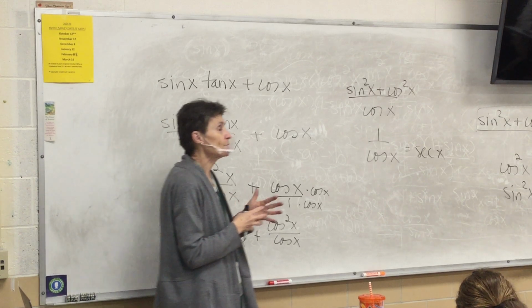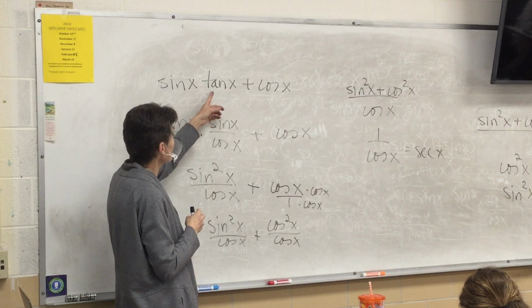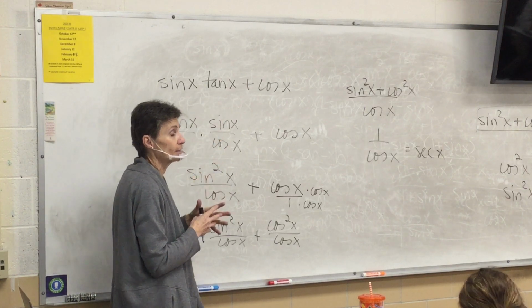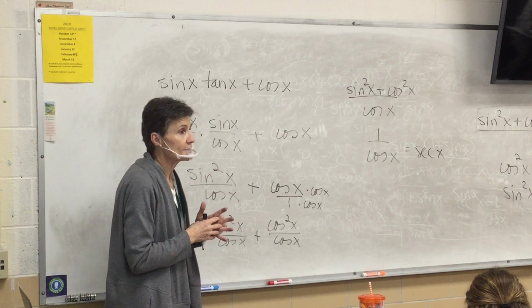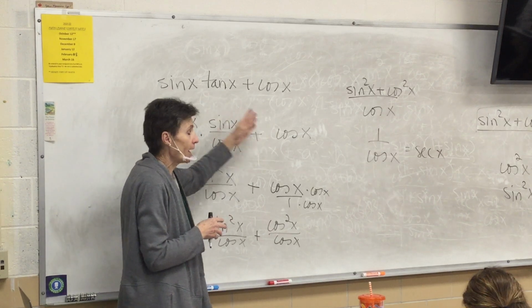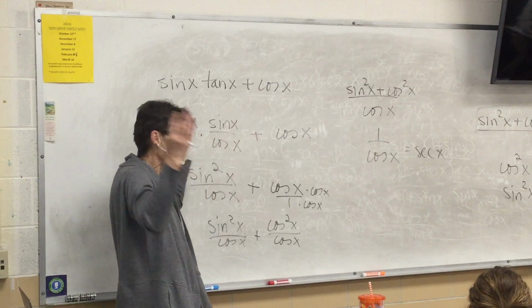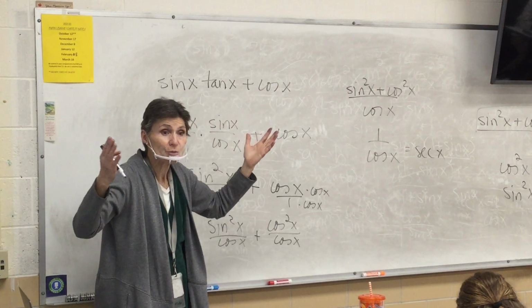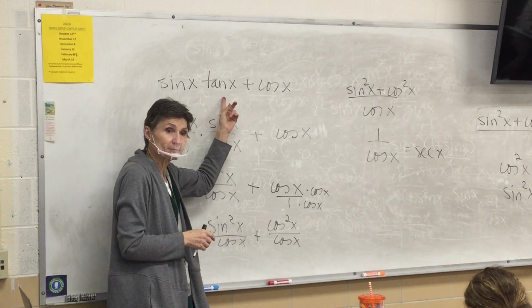Mrs. Ford, how did you know to change the tangent into sine over cosine? Quite honestly, kids, there's nothing else to do. I can't factor, I can't add, so the only thing we could think of to do is change that tangent.